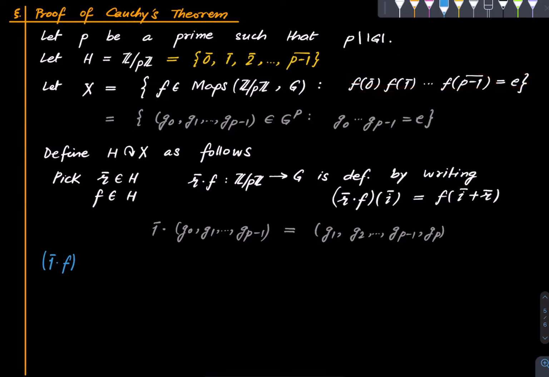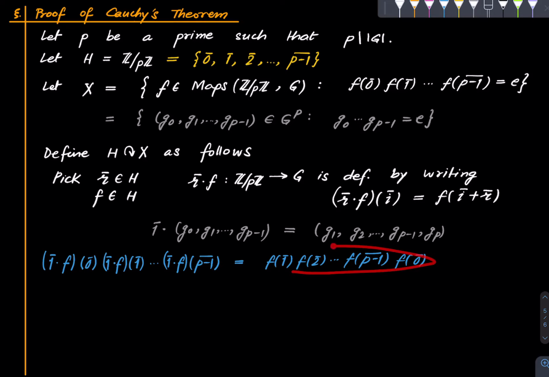We want to show that 1 bar dot f evaluated on 0 bar, times 1 bar dot f evaluated on 1 bar, and so on, looks very ugly, but what can you do? So what is this? This is nothing but f of 1 bar times f of 2 bar, now it doesn't look ugly, up to f of p minus 1 bar times f of p bar, but f of p bar is just f of 0 bar. So that's what this is.